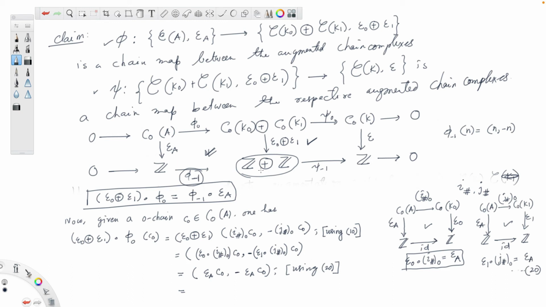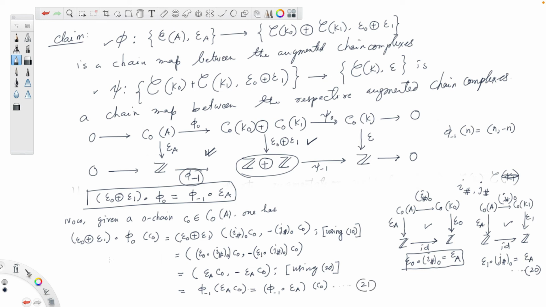Okay, so according to this definition, this is going to be phi inverse acting on epsilon a c0, and this is nothing but phi minus 1 composed with epsilon a acting on c0. Right, this is equation number 21.